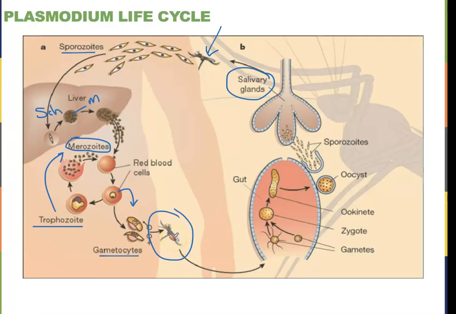And now we have the definitive host. In the gut of the mosquito, we have our gametes that it just sucked up from the person. They're going to fuse and form a zygote. This is the sexual reproduction part. And then that zygote will basically move to become sporozoites.